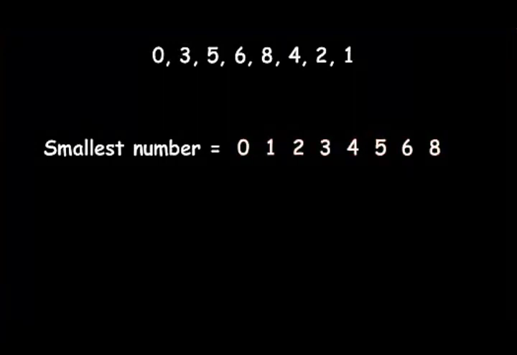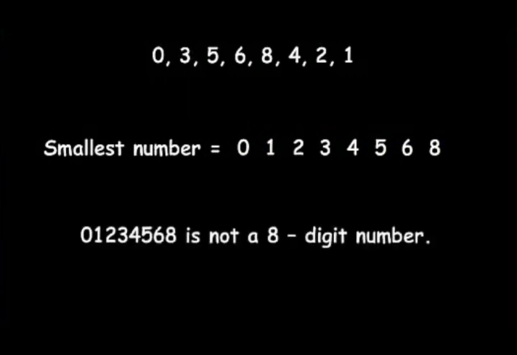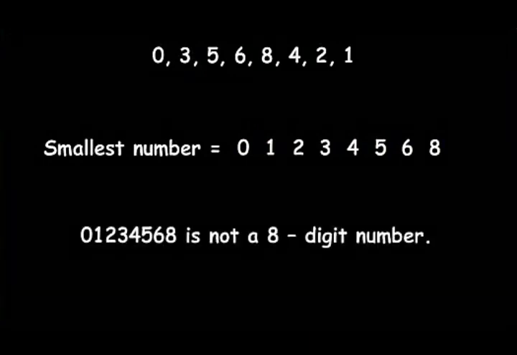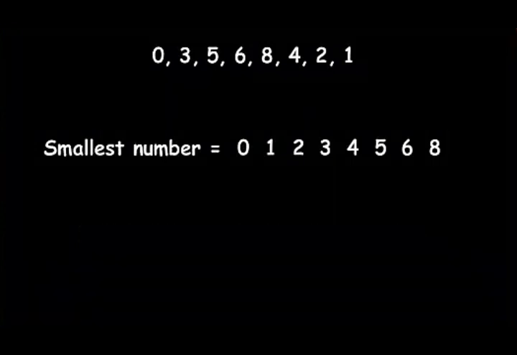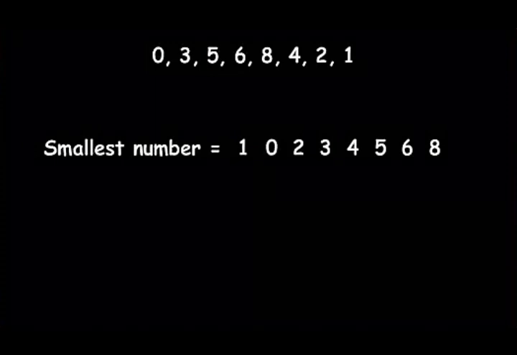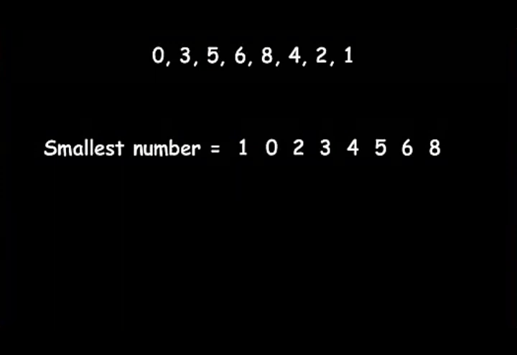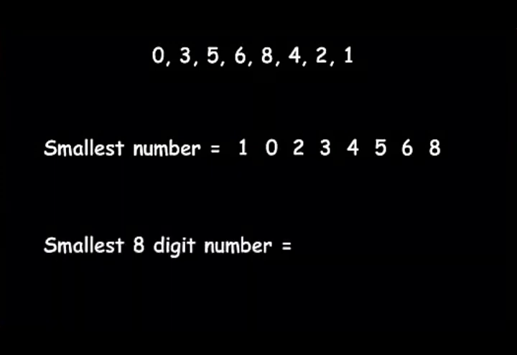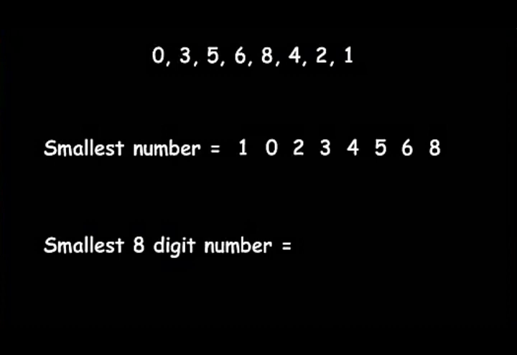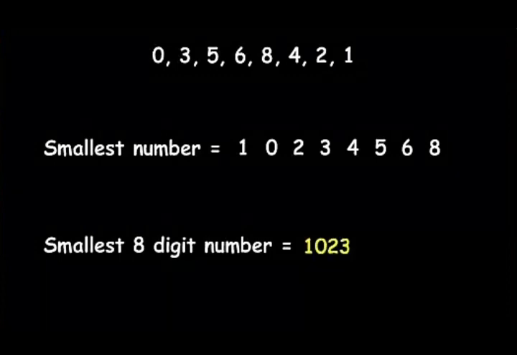So smallest number is 0, 1, 2, 3, 4, 5, 6, 8. But this number is not an 8-digit number. So in order to form an 8-digit number, we need to shift 0 to next to 1. Now we have smallest 8-digit number, that is 1, 0, 2, 3, 4, 5, 6, 8.